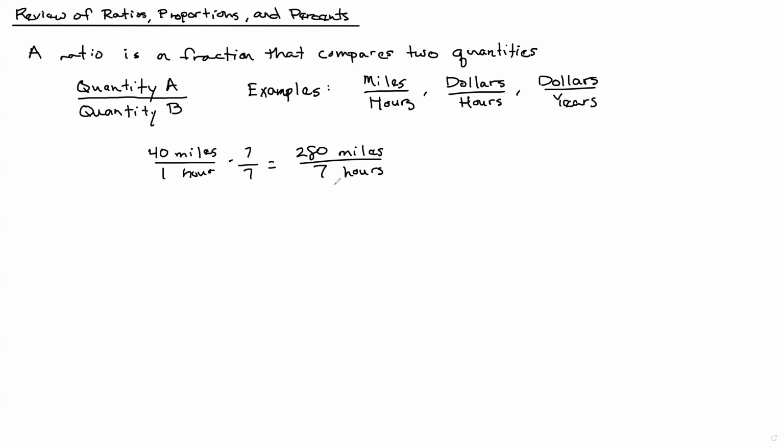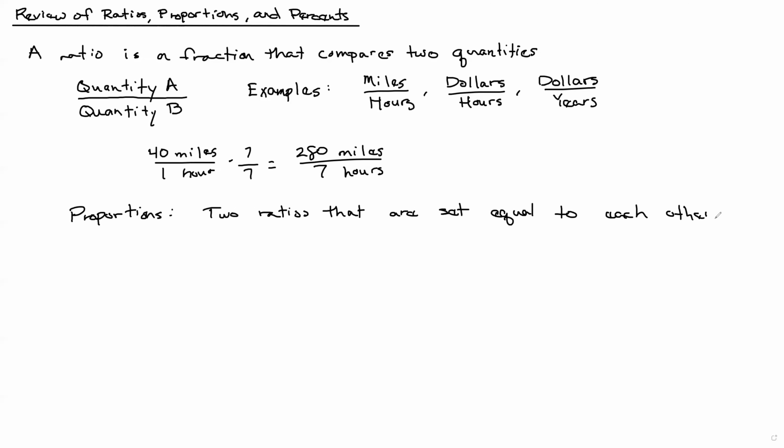Another way to solve the same problem is with what's called a proportion. Proportions are when you take two ratios and you set them equal. So how could we solve that same example with proportions?